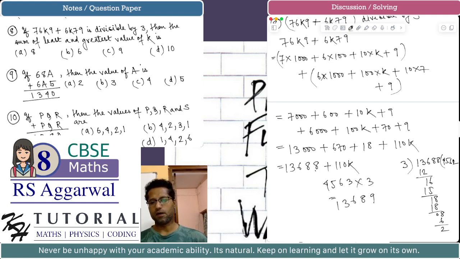The next number after 13,688 which is divisible by 3 will be 13,689. So if somehow 110k is 1, then the whole number can be divisible by 3, but 110k cannot be equal to 1.